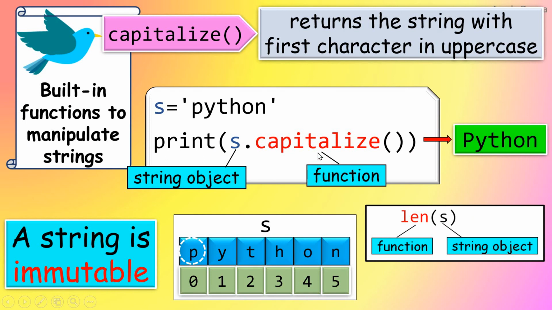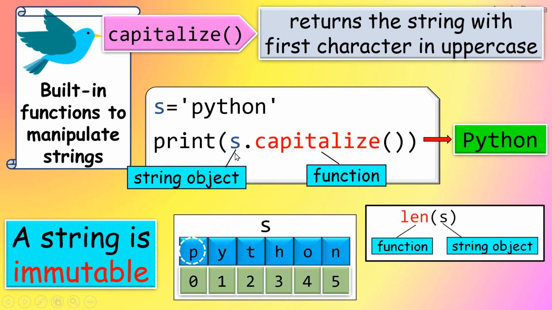So it is different from how we have written the len function. Here the string object in the len function is within the parentheses, whereas for the capitalize function the string object is in front of the function, and after the string object there is the dot operator. So s dot capitalize.